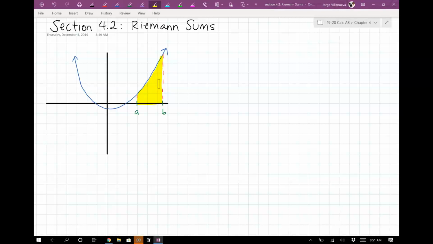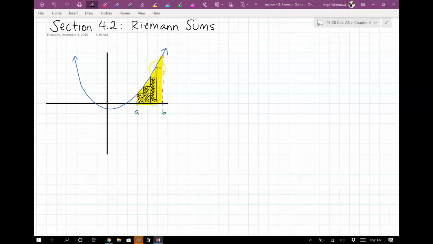So one thing he did is he said, well, maybe what I'll do is I'm going to create these rectangles. By the way, don't draw these rectangles yet, okay?